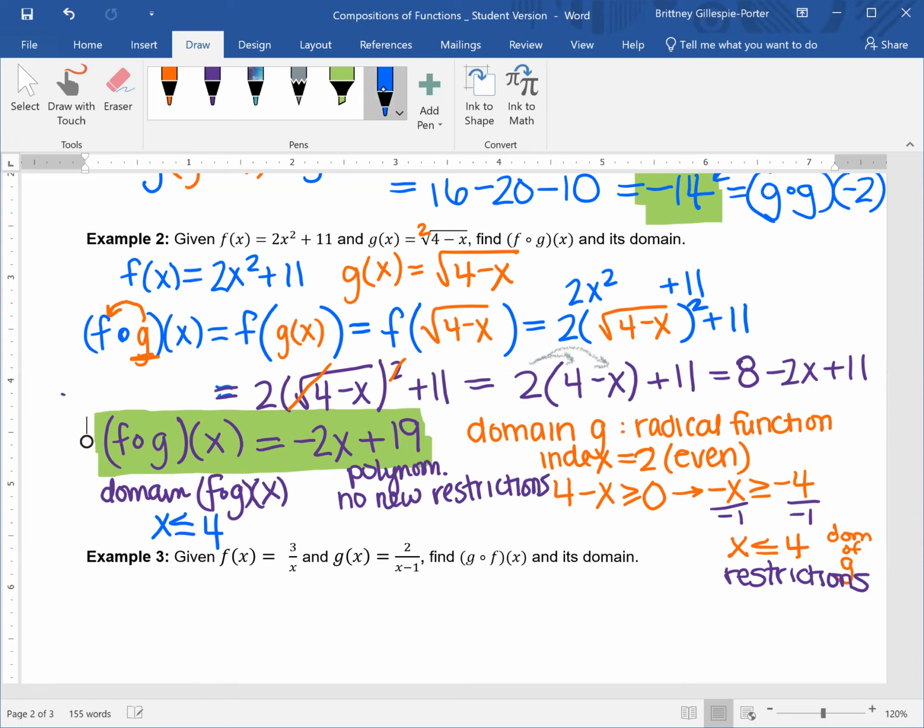So x less than or equal to 4. Remember, you can always do a little number line. We would be shading to the left because we're going less. And the less than or equal to means closed bracket. And we find out our domain is negative infinity with a parenthesis, always, on up to 4 with a bracket.